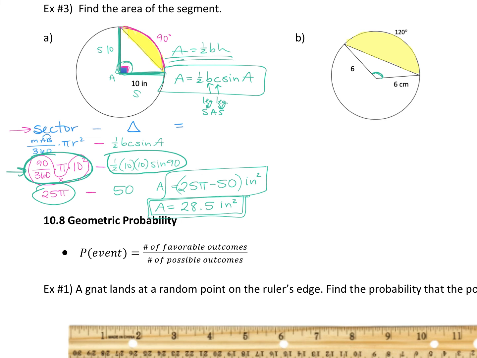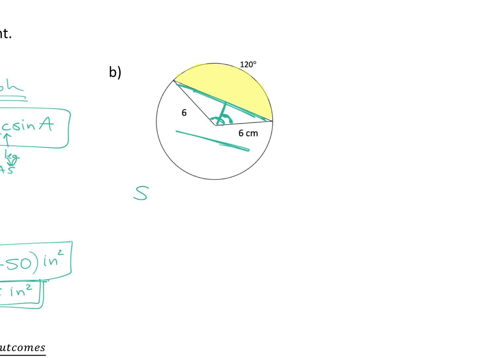Do you want to try the second one by yourself? Try it by yourself real quick. The sector minus the triangle, right? So the area of the sector is the measure of the arc. What's the measure of your arc? 120, right? This arc is what we're talking about, and that one is 120.